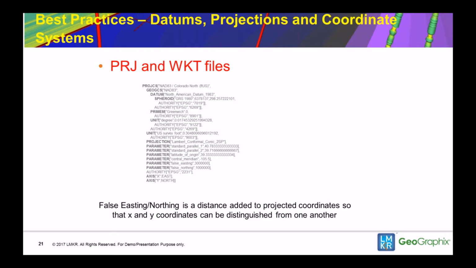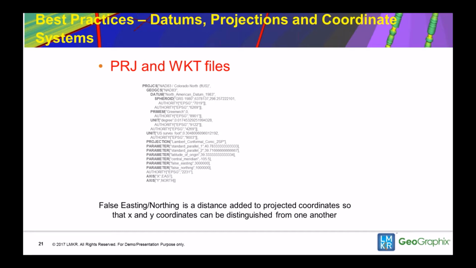So let's say you're using this in Colorado, and as you go west, longitudes are negative. So here it'd be about minus 105 west longitude. And there's units. Here it's degrees, and there's also a unit of measure for distance. In this case, it's U.S. survey feet.